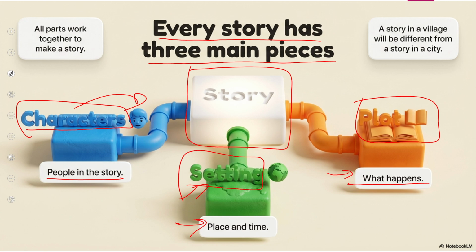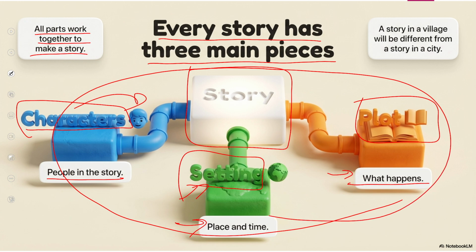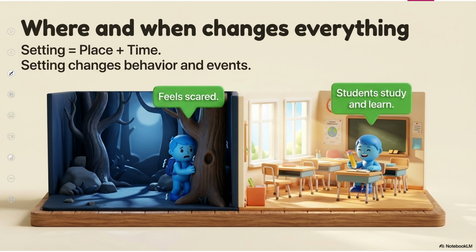So look at this, all parts of a story work together to make a story. When all these parts work together, then a full story becomes complete. A story in a village will be different from a story in a city. It means that setting counts a lot. Now move ahead.